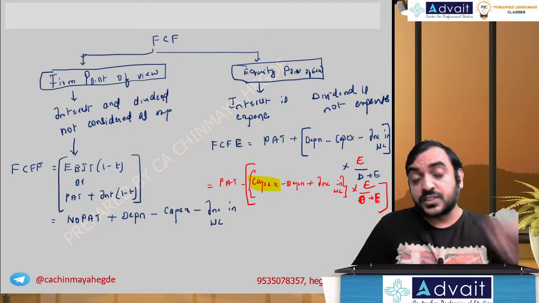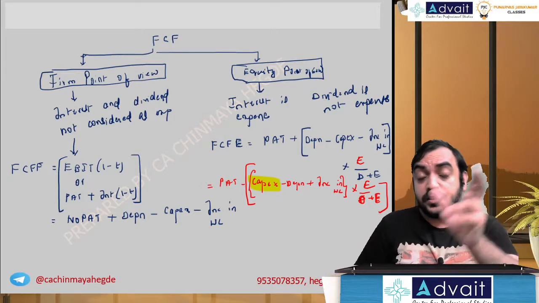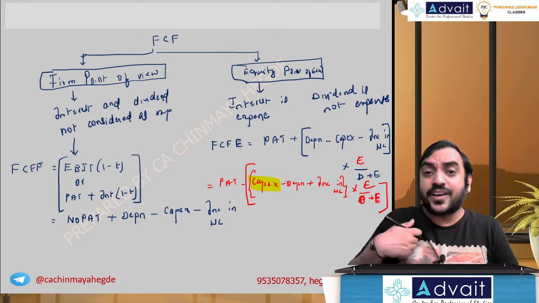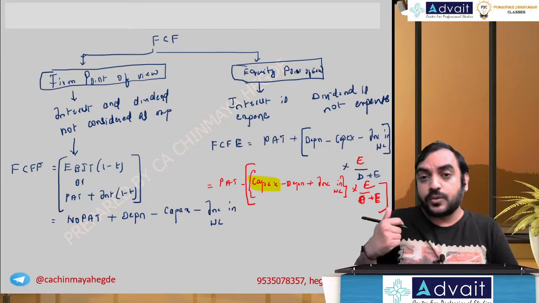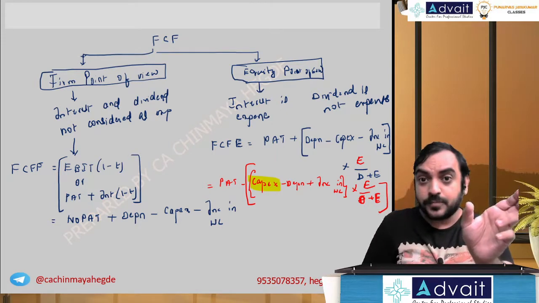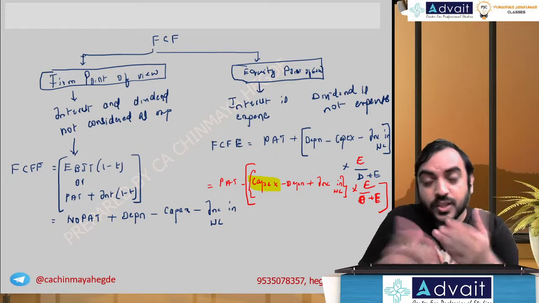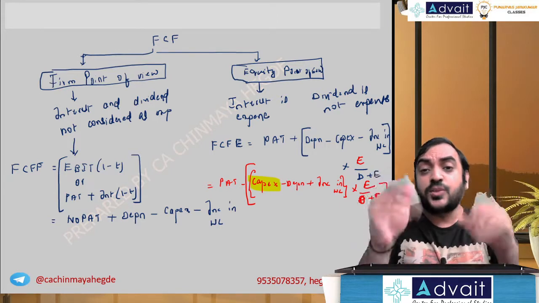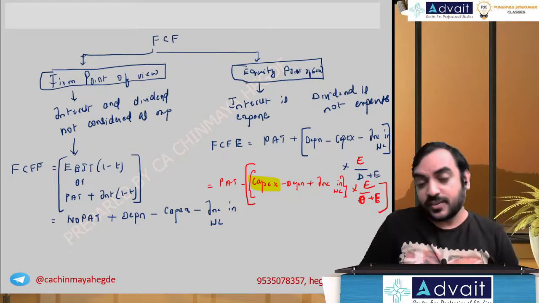Okay, if the ratio is 70:30, 70 debt, 30 equity, only 30% goes from equity shareholders' pocket. Balance 70% you take as loan. So 100 rupees outflow, 70 rupees come in, effectively 30 rupees go out. Or can I say, out of 100 rupees, 30% is the outflow responsibility of the equity shareholder.